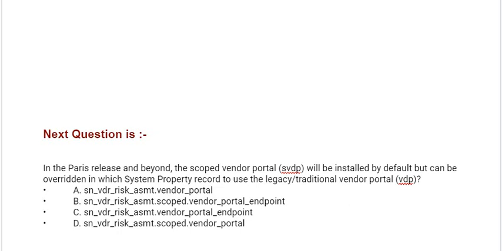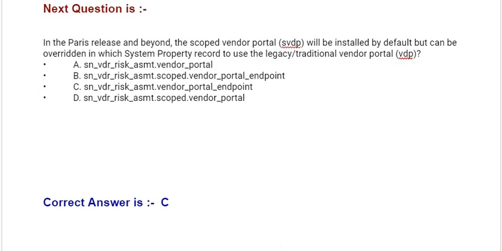Option B, sn_vdr_risk_asmt.scope.vendor_portal_endpoint. Option C, sn_vdr_risk_asmt.vendor_portal_endpoint. Option D, sn_vdr_risk_asmt.scoped.vendor_portal. Correct answer is option C.